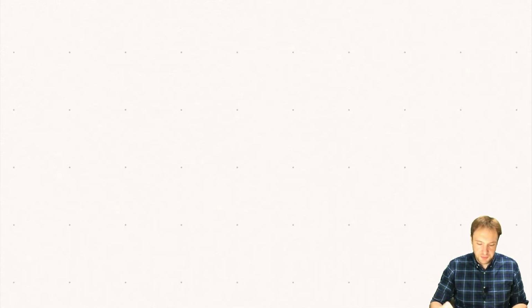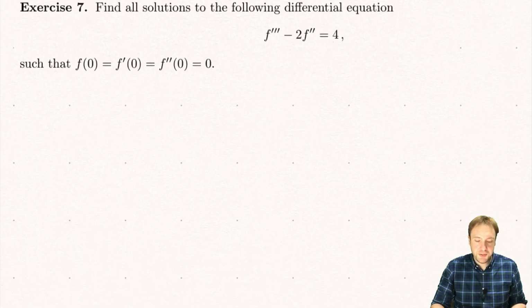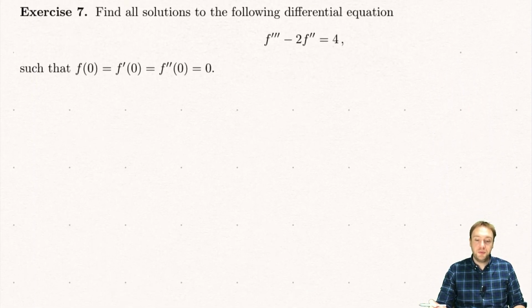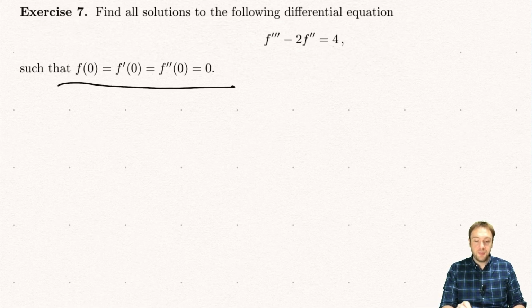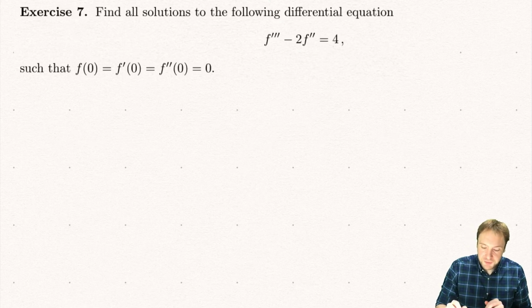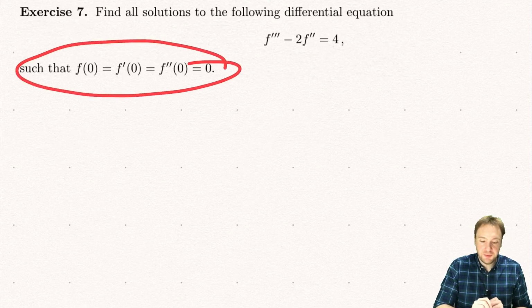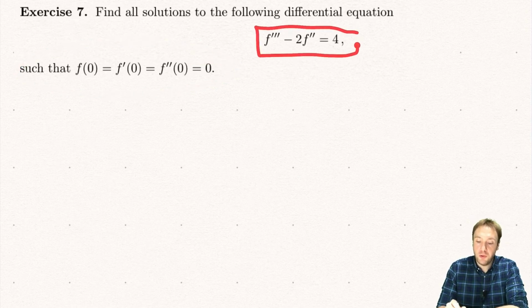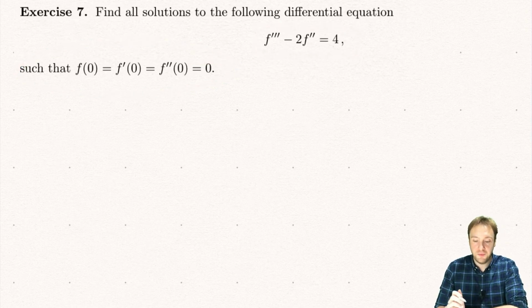Good. Now, final question. Find all solutions to the following differential equation, such that the value of f at 0 and the value of the first derivative at 0 and the value of the second derivative at 0 is 0. But first we ignore these conditions here, and we just want to find all solutions to this linear differential equation.